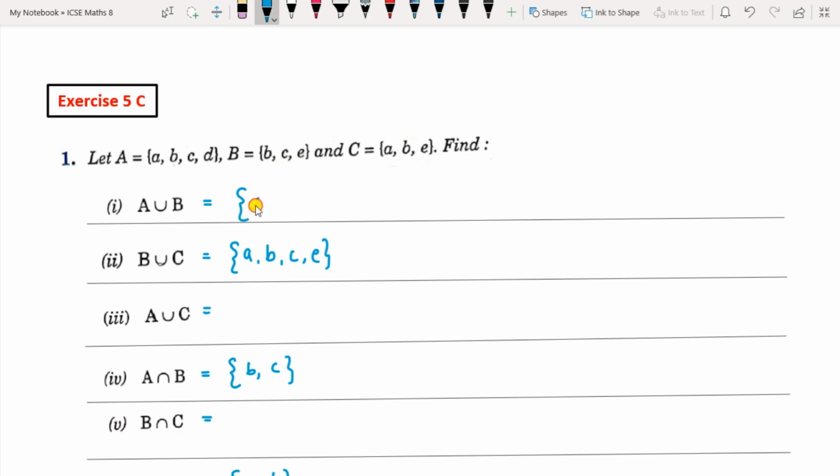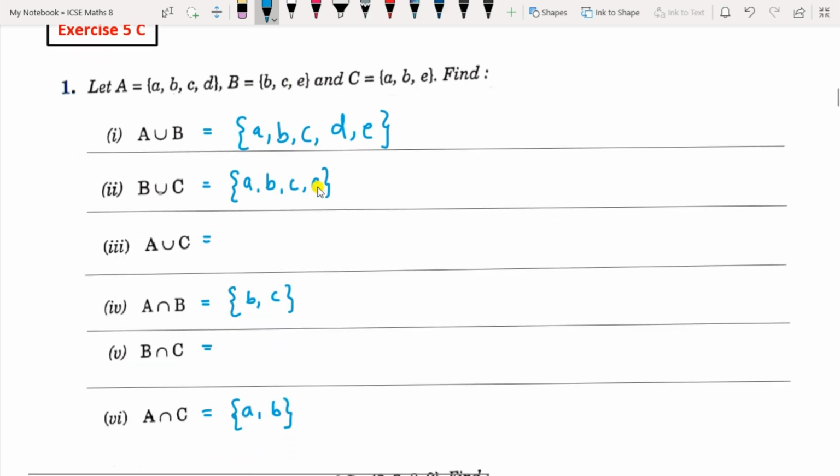So it will be A, B, C, D and E, all the terms together. Then A union C, similarly A and C combined together.